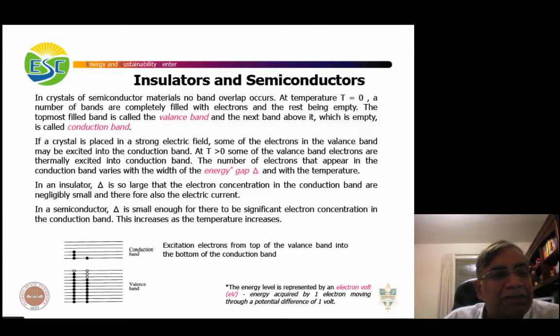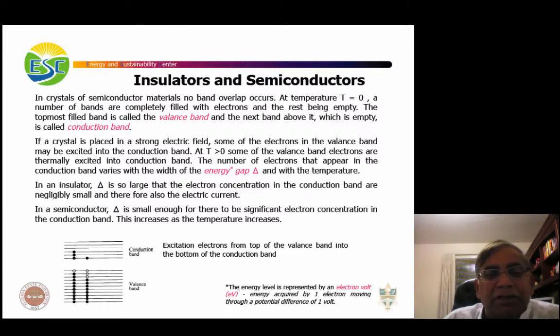When that happens, holes form, and of course holes can migrate sideways, and that is how they allow movement in the semiconductor. The energy gap is given by this expression here, delta, and is represented in electron volts.